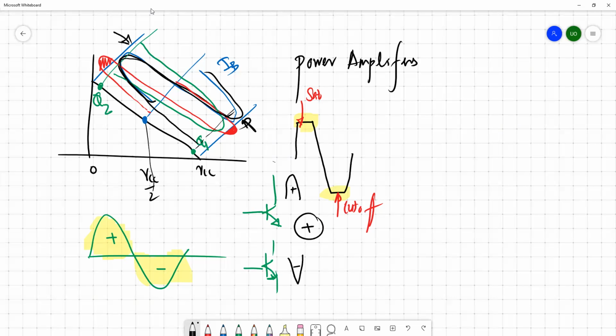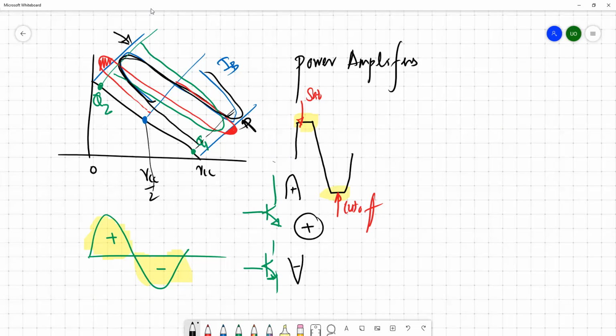So this is the concept we use in power amplifiers. We have two transistors catering to or amplifying the positive cycle and negative cycle separately by placing their Q points close to cutoff and saturation. So this is one way of improving our amplification by using dual transistors, or two arms.